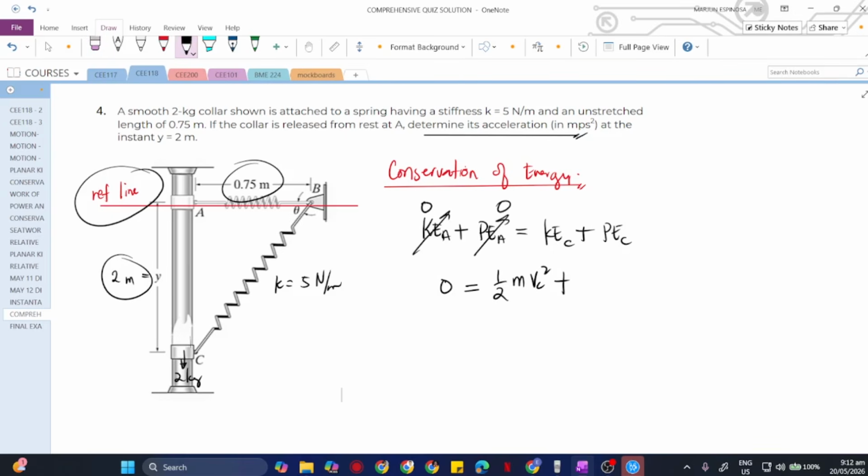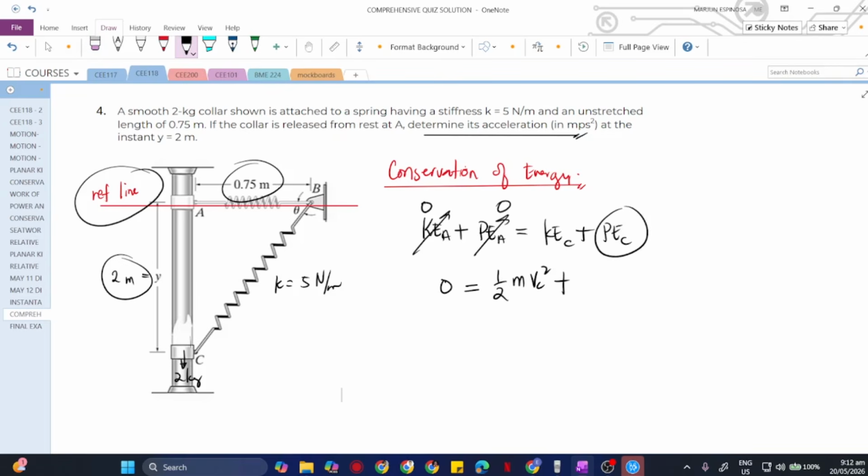Plus, okay, take note, meron tayong binaba na elevation. So, meaning to say, bumaba naman yung potential energy natin. Since nagbaba yung potential energy natin, pero naka-attach sa spring, meaning to say, initially, ito yung potential energy ng spring. Wala pa. Pero since nag-stretch siya, meaning to say, nag-increase yung potential energy ng spring.